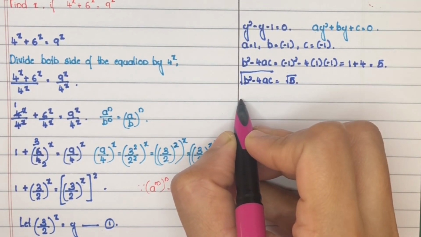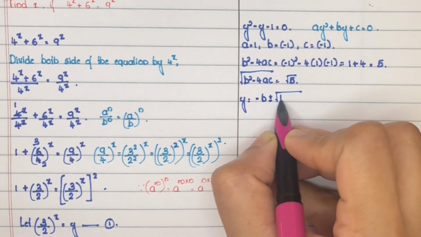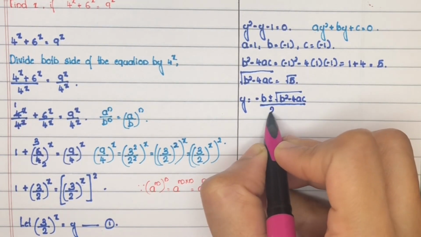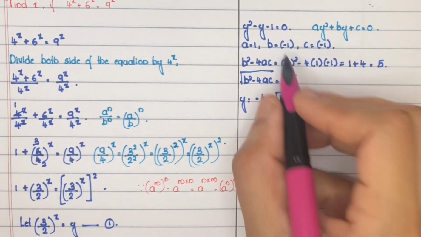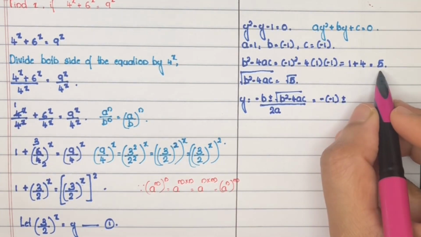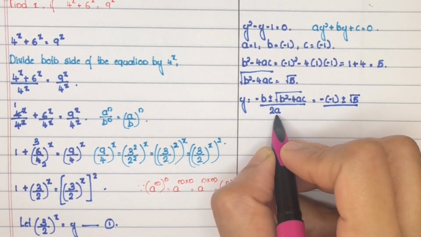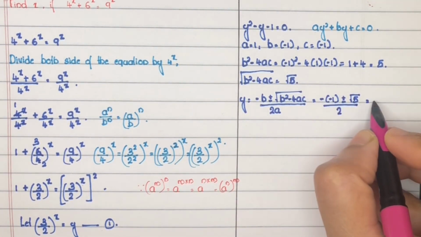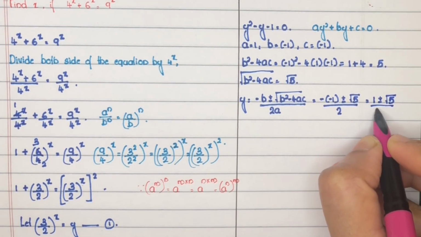So by using the quadratic formula, y is equal to minus b plus or minus root of b square minus 4ac by 2a. Minus b, b is minus 1, plus or minus root 5, by 2 into 1, 2. Equal to 1 plus or minus root 5 by 2.